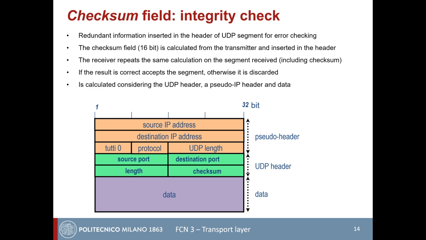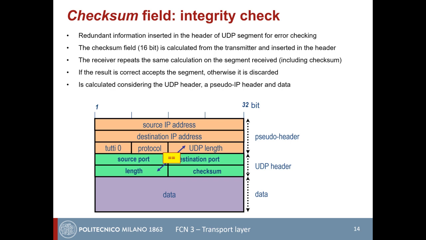So source IP address, destination IP address, and the protocol number are copied by the operating system from the IP packet that will host this UDP segment. And then there is the UDP length, that is an exact replica of the length field.